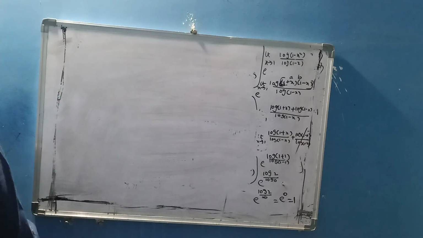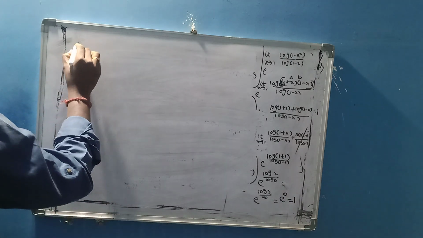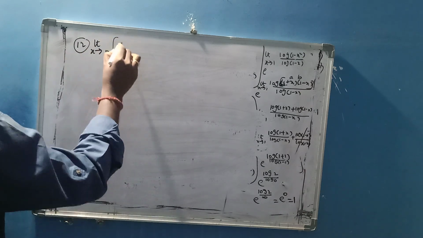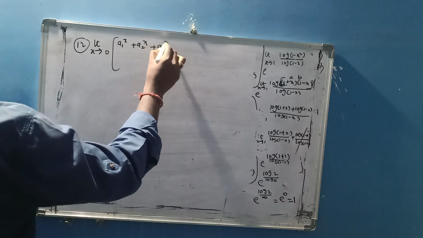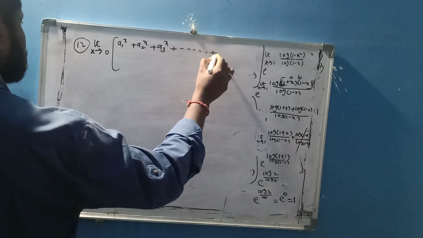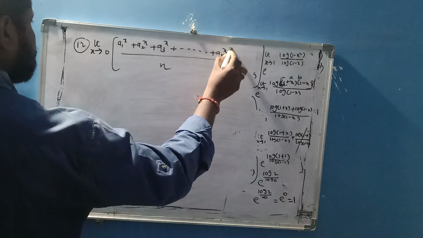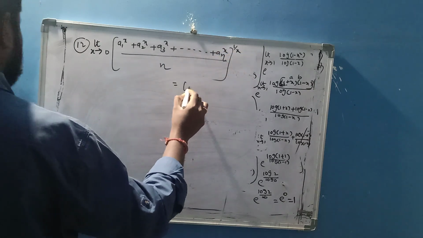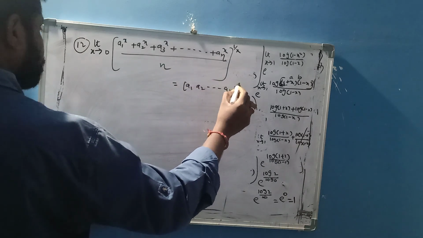Last and final. Limit x tends to 0, (A1 power x plus A2 power x plus A3 power x plus so on, An power x) by n, whole power 1 by x is equal to (A1, A2, so on An) whole power 1 by n.